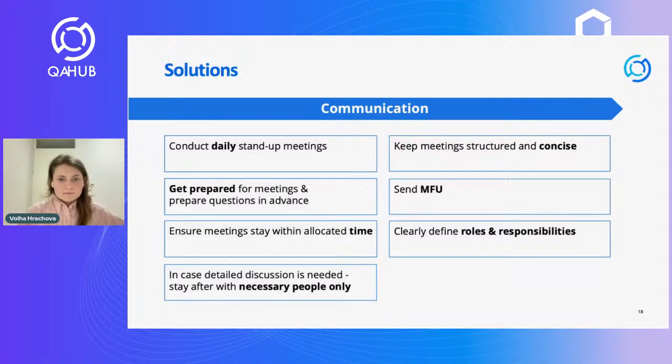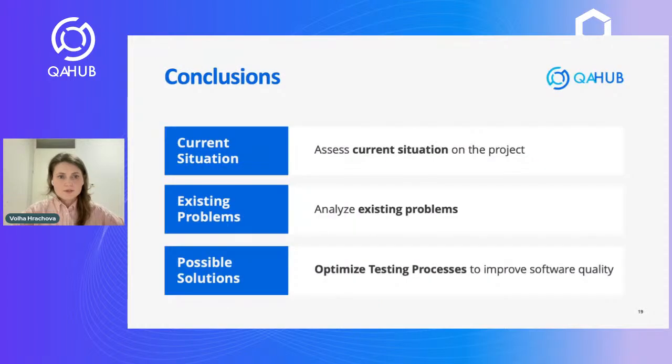And another suggestion is to clearly define the roles and responsibilities. In this case, you would be able to avoid misunderstanding about who's responsible for what. So it should be clearly defined within the team. And I think this is all for the solutions.